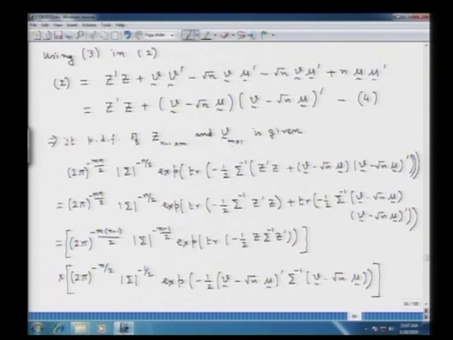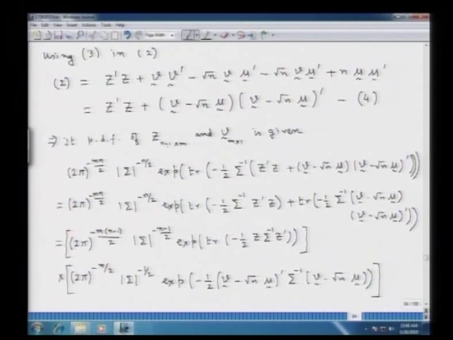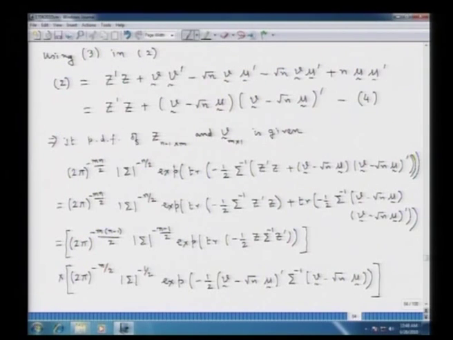So we have the joint PDF of Z and V written as the product of the probability density function of this random matrix Z, that is the first expression here, and the probability density function of the random vector V, and hence we can say that this random matrix Z and the random vector V are independently distributed. So that is the first thing that comes out from writing the joint PDF of Z and V as this particular product.